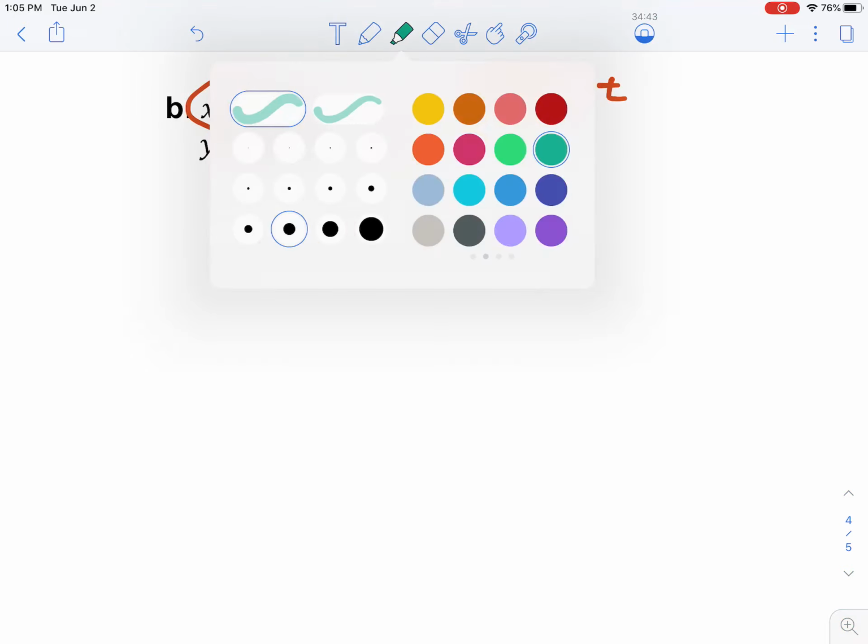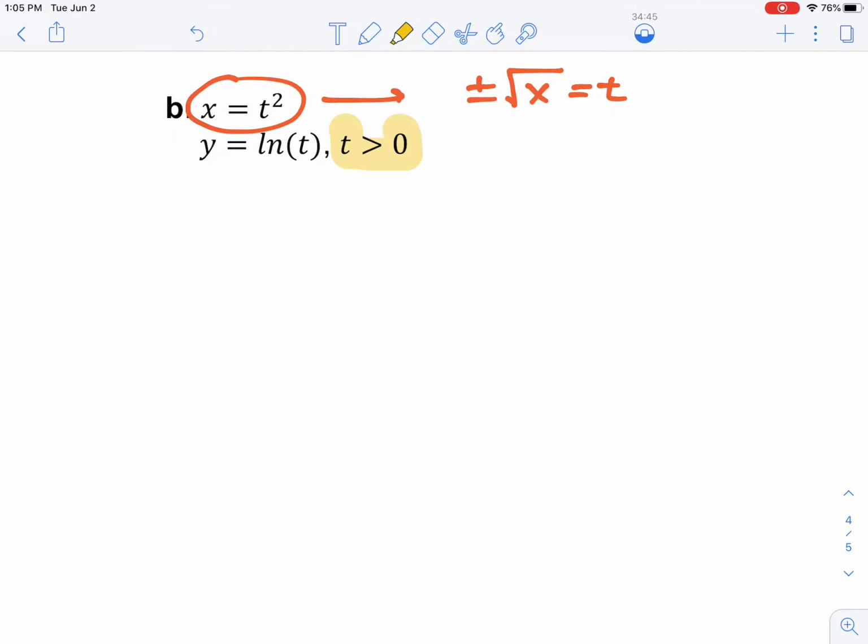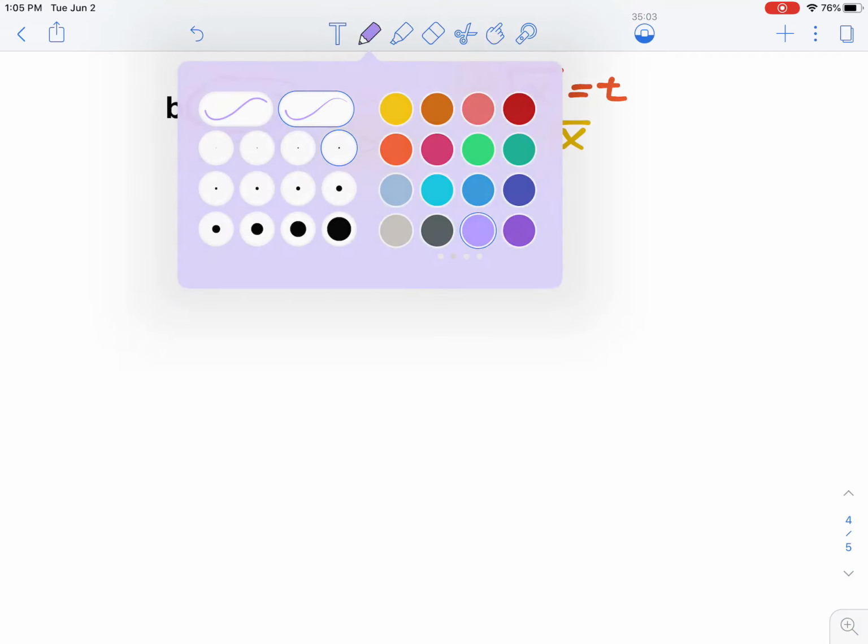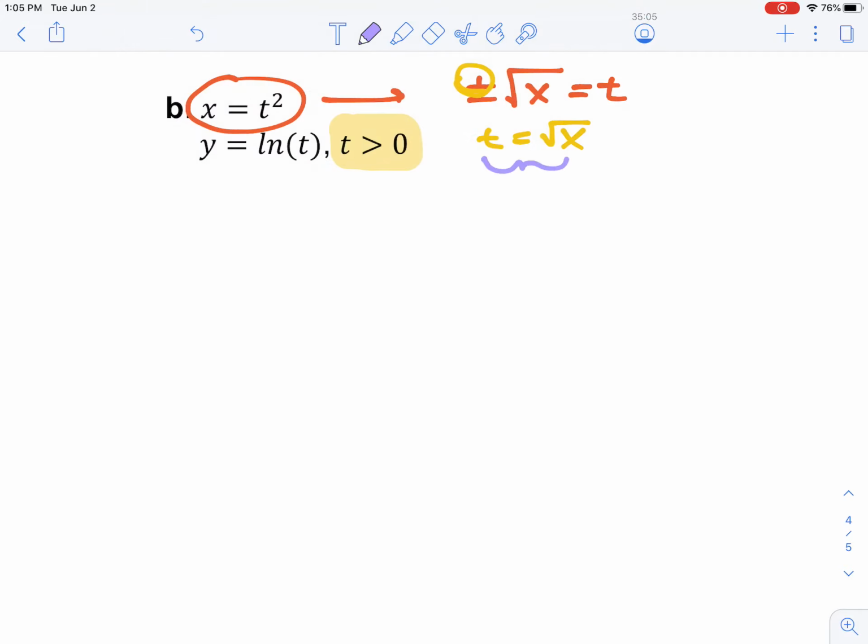However, it's important to realize that we're told that t must be greater than 0. So here we can just pick the positive square root. From our first equation, we're able to say that t is equal to the square root of x. Now, just like we did before, we can take this expression, t equals square root of x, and instead of writing t in our y equals equation, we can write square root of x.